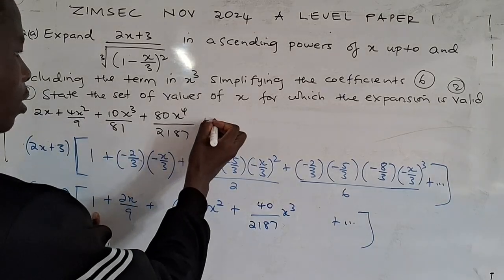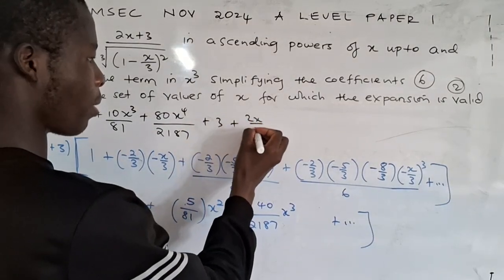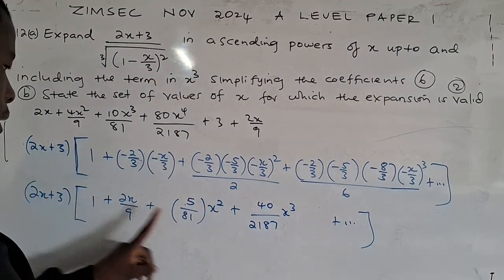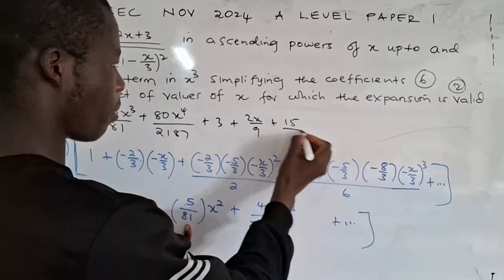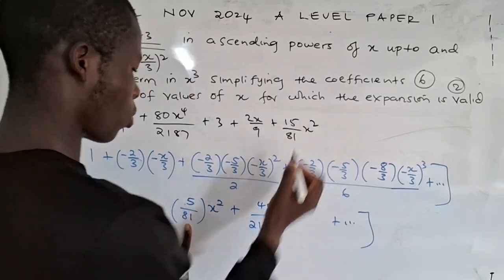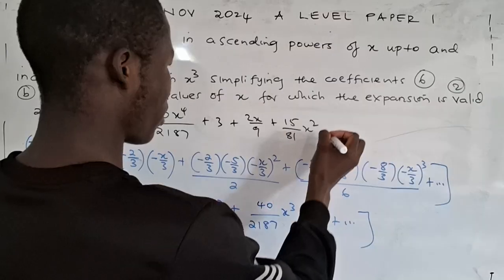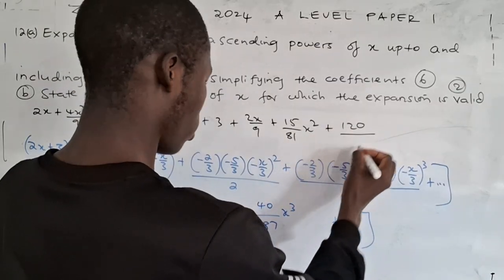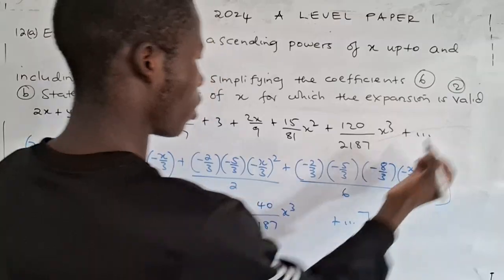So if you multiply this by 3, 3 will come here, and here 2x by 9 will come, and here, what is this? Plus 15 by 81, x squared will come. Now, what is this? Plus 120 over 2187, x to the power 3, dot, dot, dot.